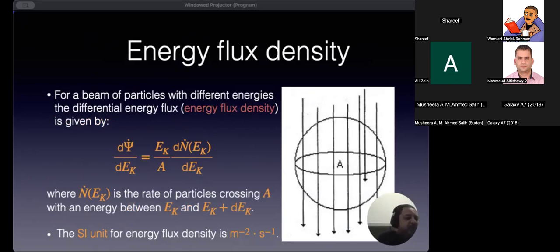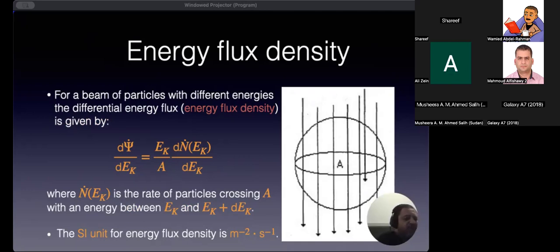And again, we can define the energy flux density by taking the derivative of this. We're talking about the rate of energy for particles with energy between E and E plus dE that are crossing that sphere or the cross-sectional area A. The SI unit for the energy flux density is therefore per meter squared per second.